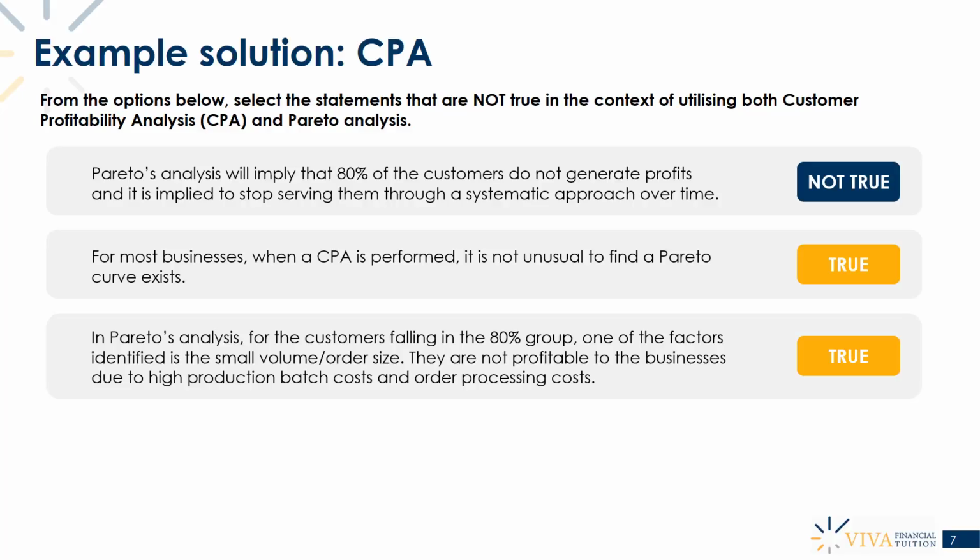What we often find is that the unprofitable customers are not exclusively the small customers, but a lot of the time that tends to be the case, because if they're placing small orders, it means we've got a lot of things to do and it doesn't allow us to take advantage of economies of scale.